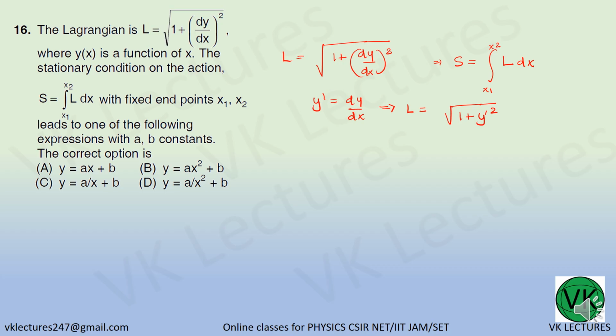Fine. Now from the Euler-Lagrange equation for y of x, we can write dou L divided by dou y minus d by dx of dou L divided by dou y dash is equal to 0.